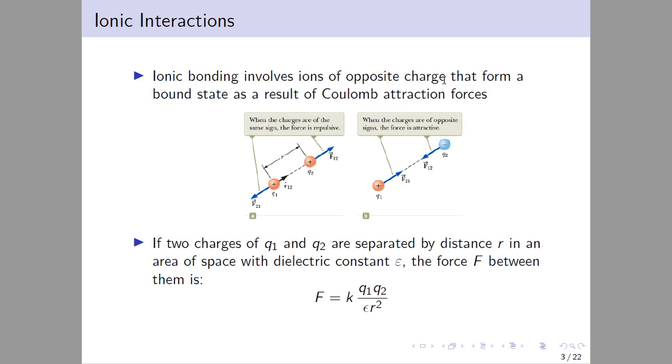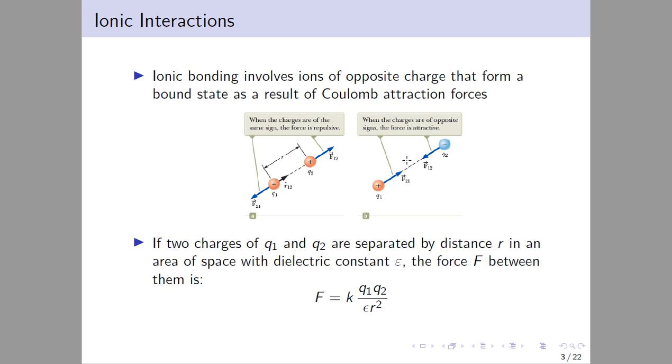Ionic bonding involves ions of opposite charge, plus and minus, that form a bound state as a result of a Coulomb attraction force. These are just from our EM1 or EM2. So you see this Coulomb force. These are repulsive, and these are attractive.